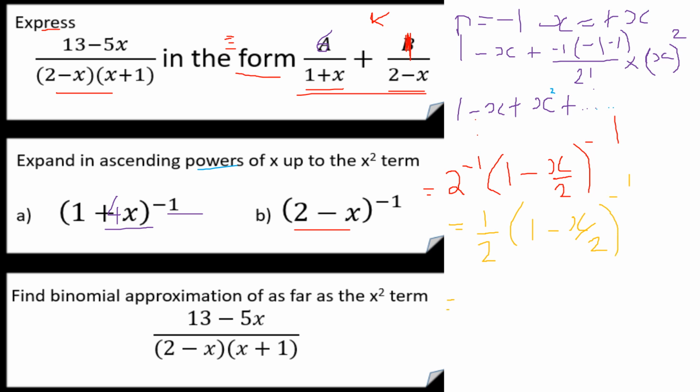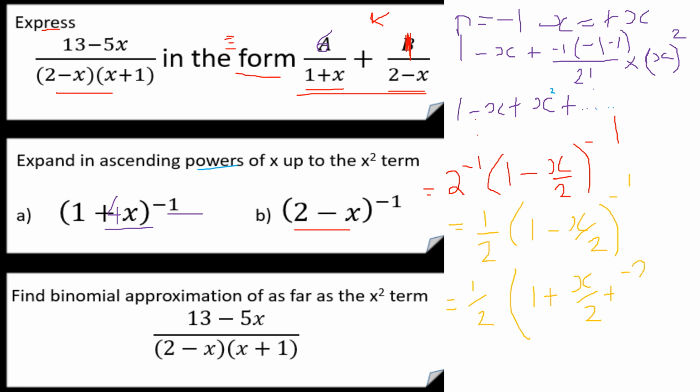So again, being careful, I've got this half at the front. So a half brackets. So it's 1 plus nx. So negative x over 2 times positive -1, sorry, goes to x over 2. Plus n minus 1, so that'll be minus 2.